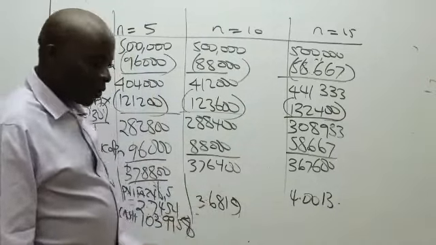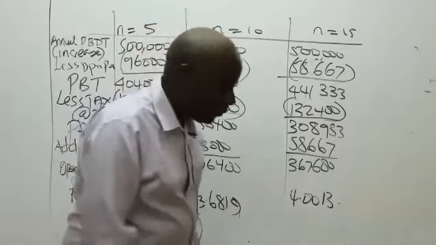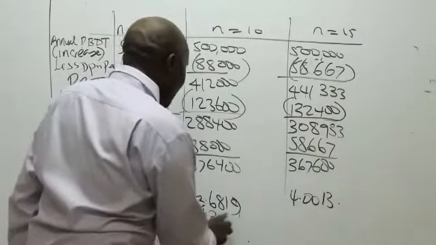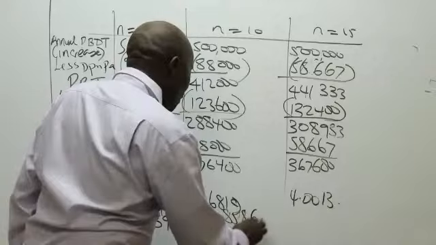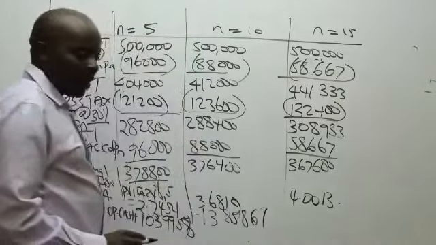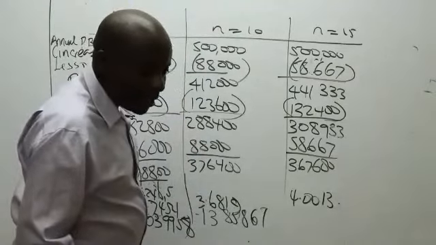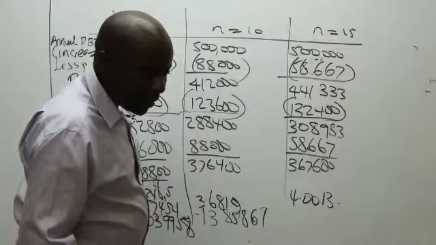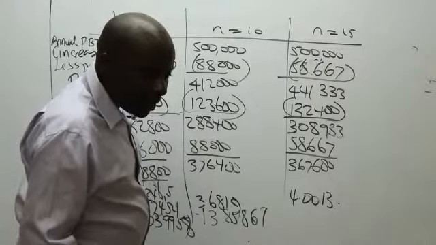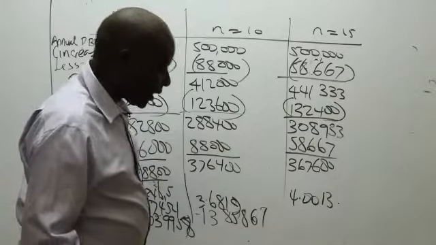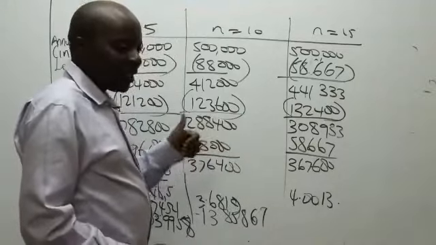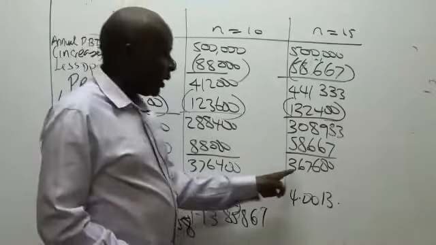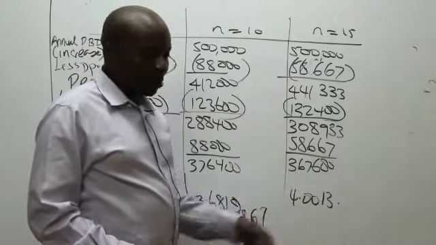This times this. 1385.87. Yes, I picked it right. Thank you so much. So from there, come and give me this and this. Please multiply them.